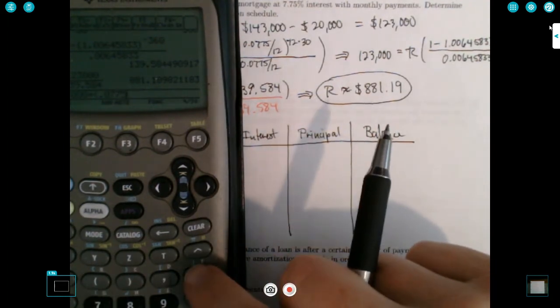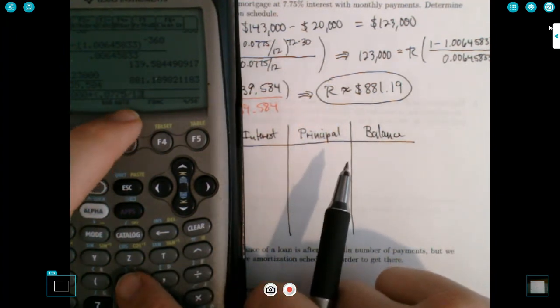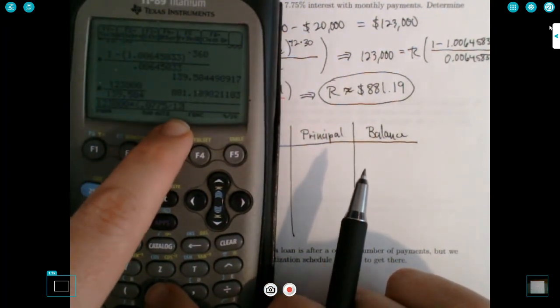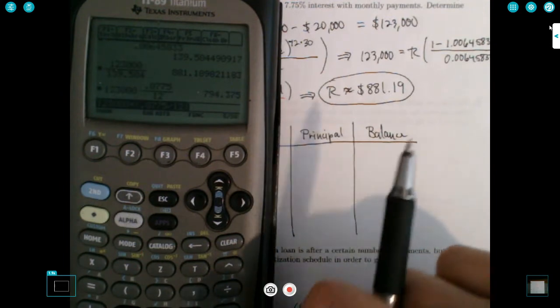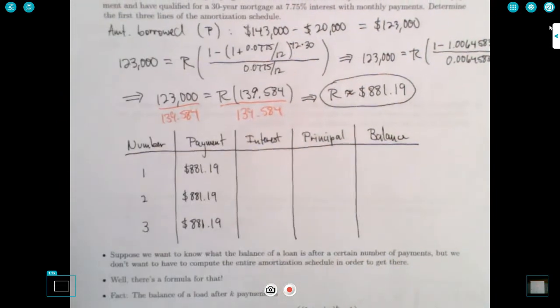their interest rate of 0.0775, okay, divided by 12, because that's their annual interest rate, but they're making monthly payments, right? So that comes out to $794.37.